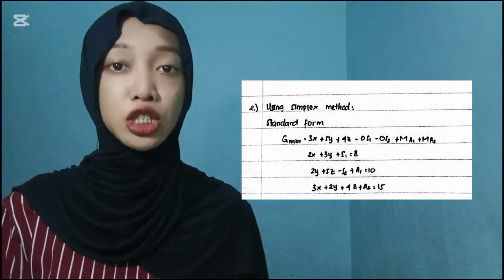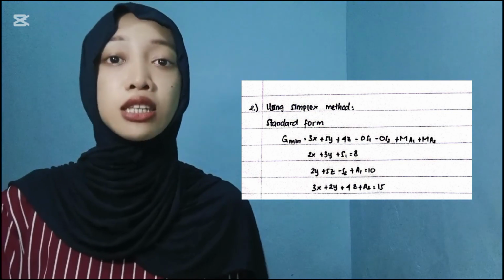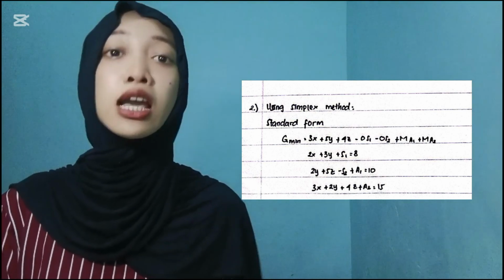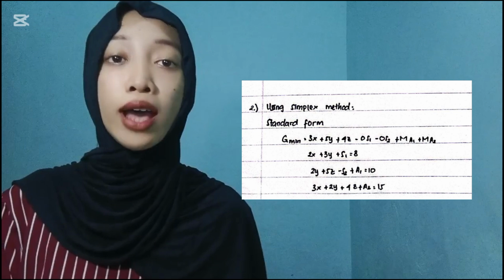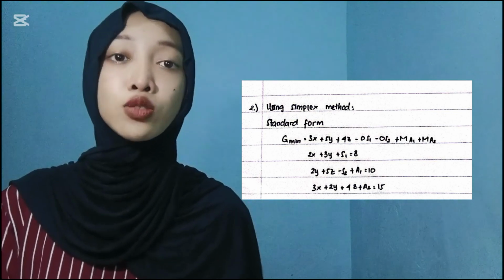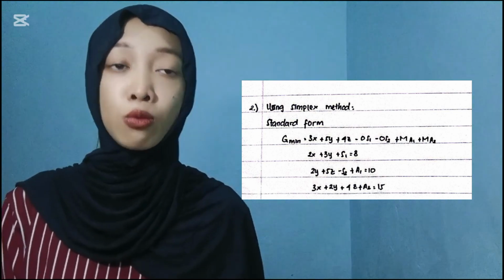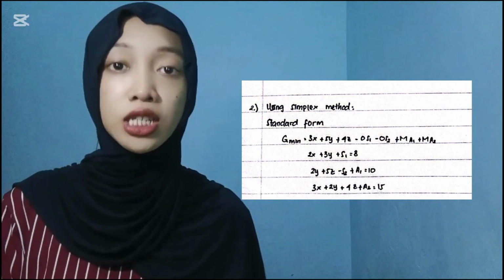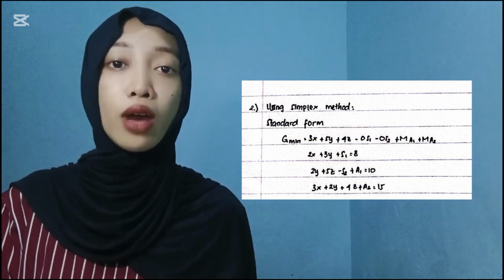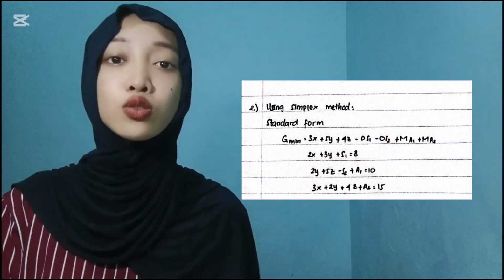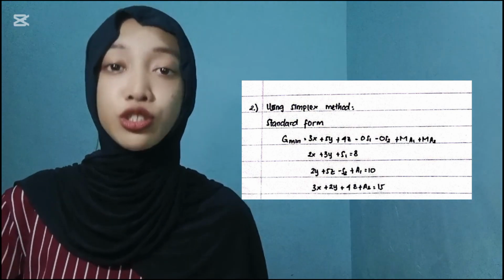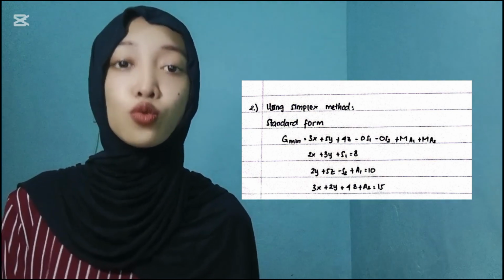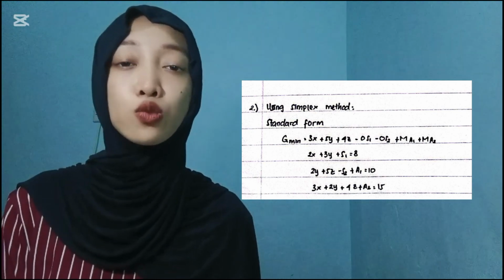So objective function is G min is equal to 3x plus 5y plus 4z minus 0s1 minus 0s2 plus Ma1 plus Ma2 with constraint function 2x plus 3y plus s1 is equal to x, and next constraint 2y plus 5z minus s2 plus a1 is equal to 10.